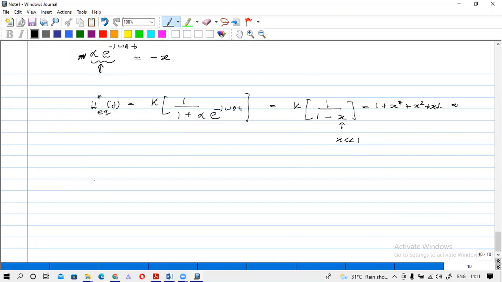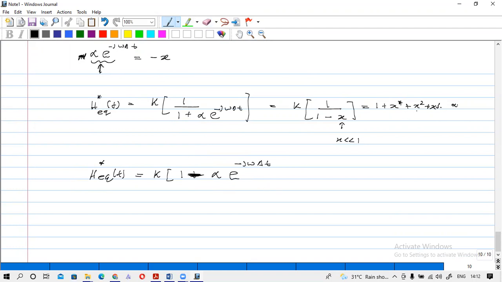So I can write this H EQ for distortionless transmission, as the k is here: 1 plus x, so here I have minus alpha e to the power j omega delta t.